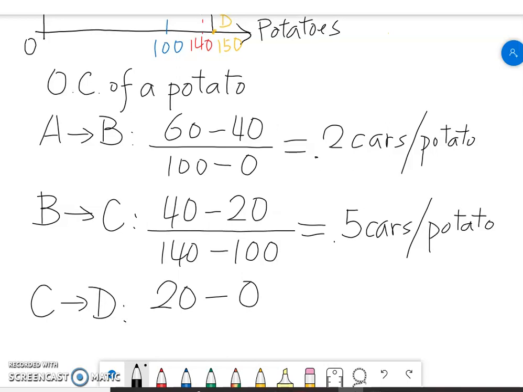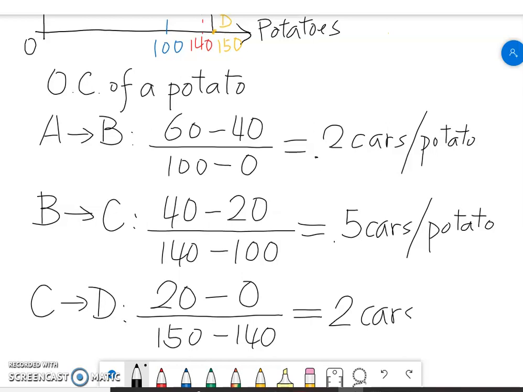Okay, and the number of potatoes it gains would be 150 minus 140. So here it's going to be 20 over 10. So it's 2 cars per potato.